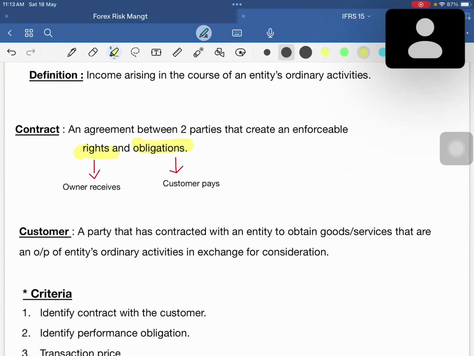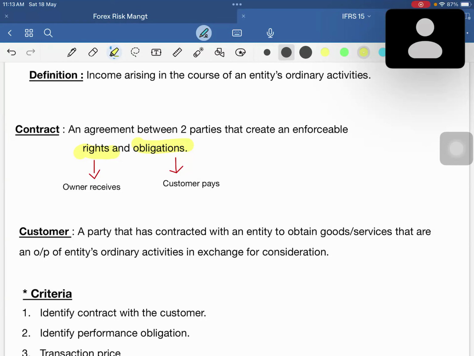Now, what are the rights and obligations? If you're going to buy something, you're particularly buying its ownership. Let's say we're going to buy an iPhone. If you buy it, you're going to own it, right?